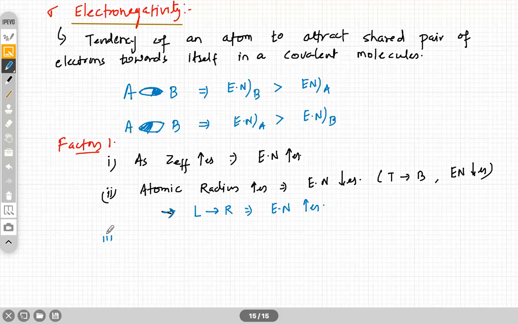Third point, if the positive charge on the atom increases, electronegativity increases. Because of the positive charge, it will attract the shared pair of electrons, and hence electronegativity increases.